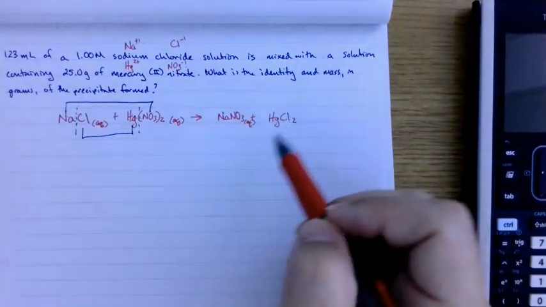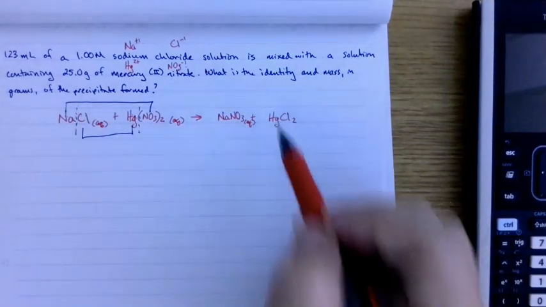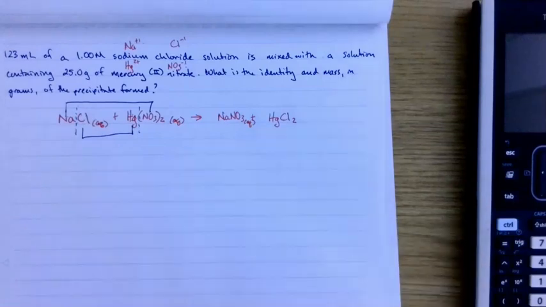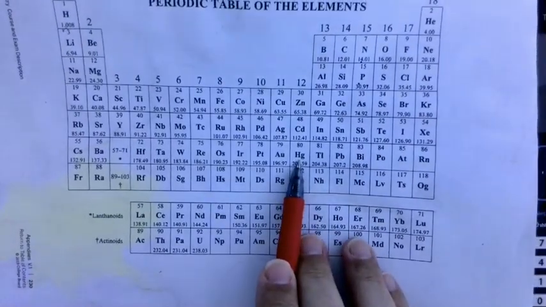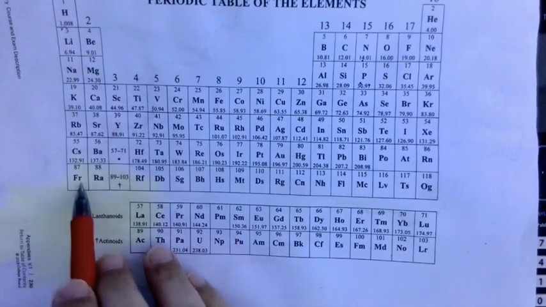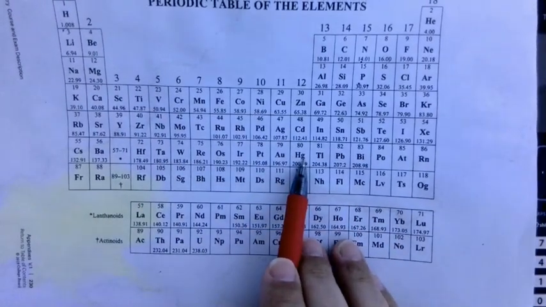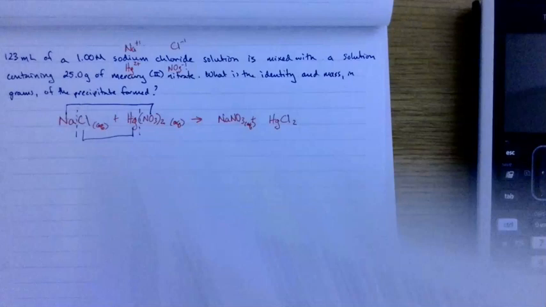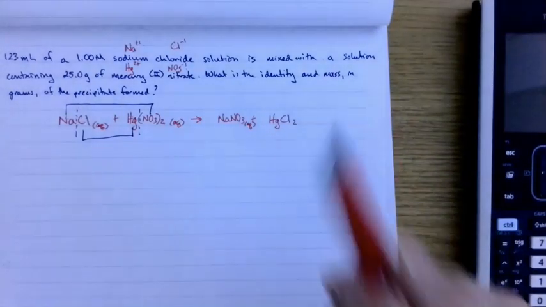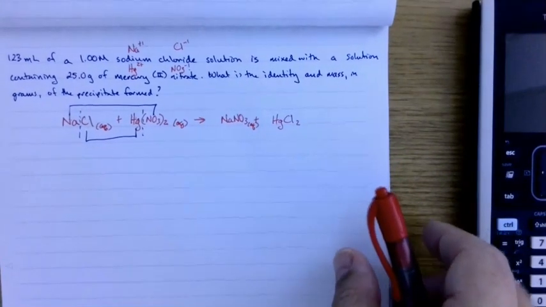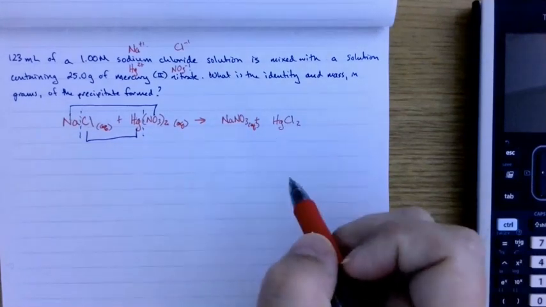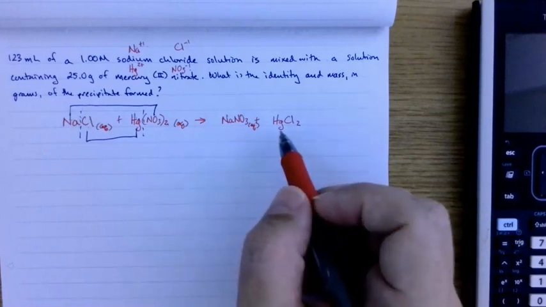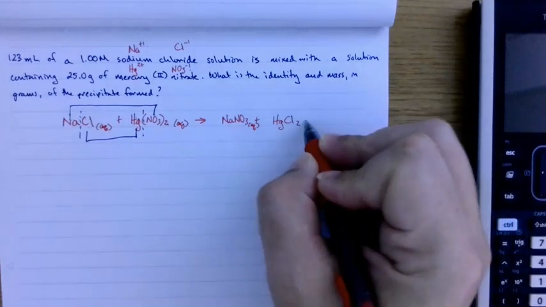We don't have a group 1 metal, we have this heavy metal here. Group 1 metals make things soluble, and mercury is really far from there. We also have chloride ions, which tend to be soluble. But heavy metals like mercury, silver, and lead tend to make things insoluble. So this is going to be a solid.